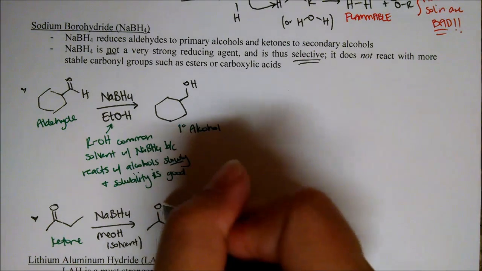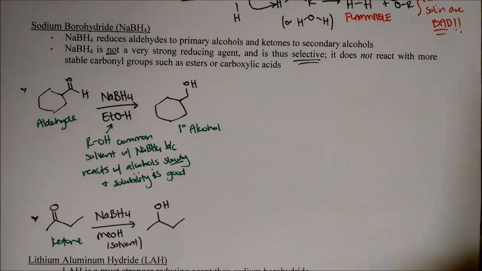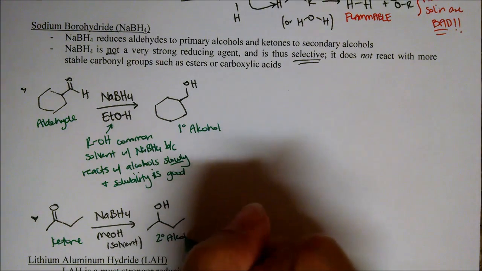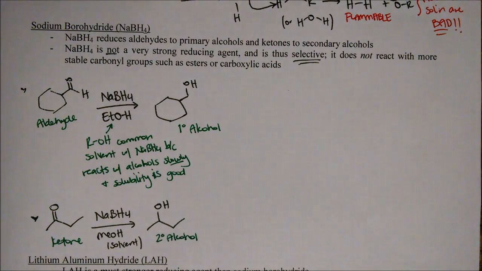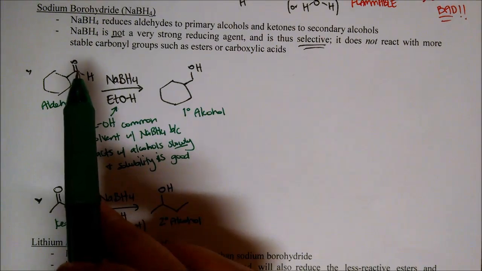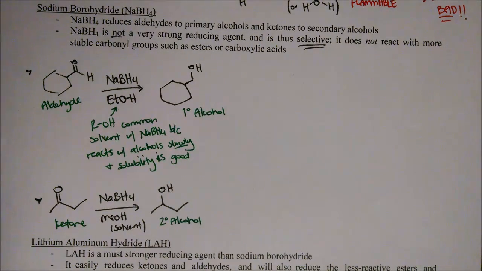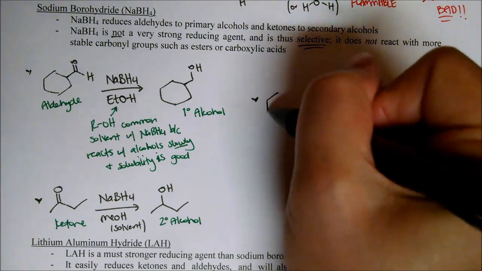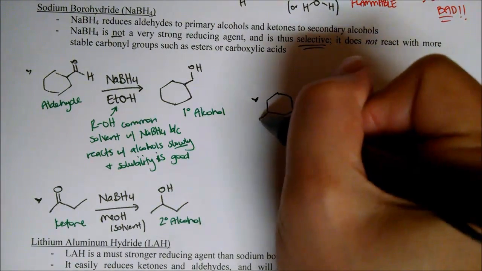Just change that carbonyl into an alcohol. And importantly here, what degree of an alcohol is this one? This is a secondary alcohol. So depending on the starting material, you just put H2 across the double bond, and it'll give you the product.